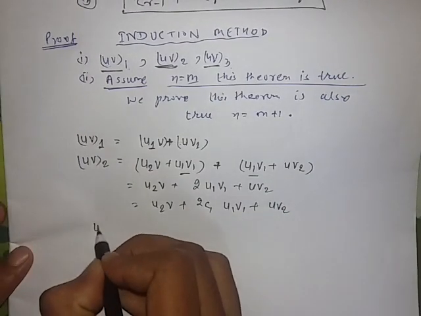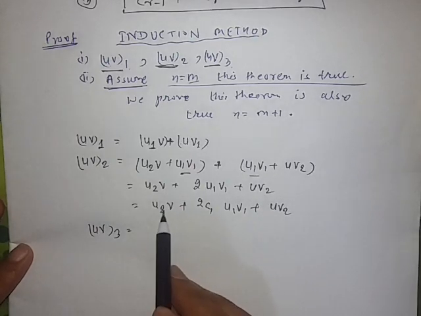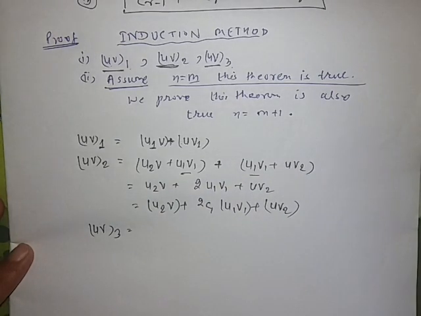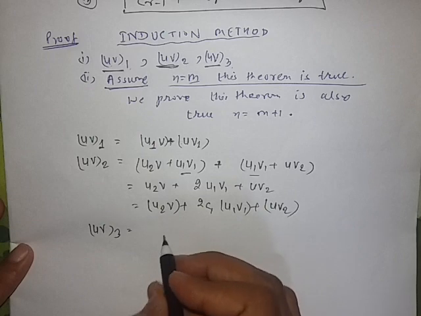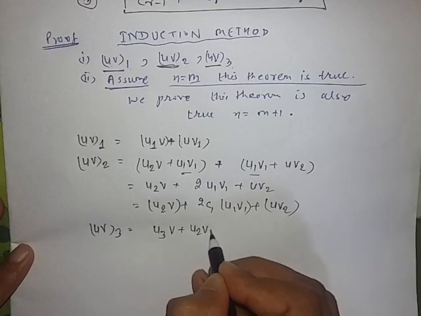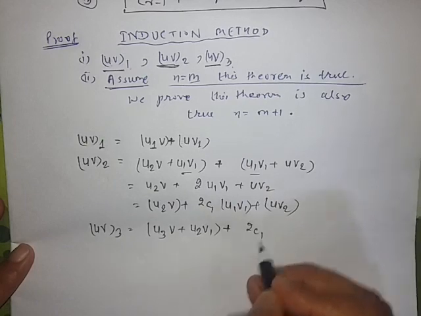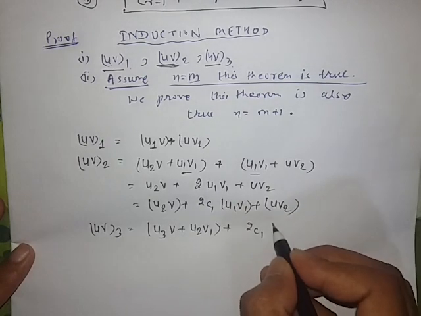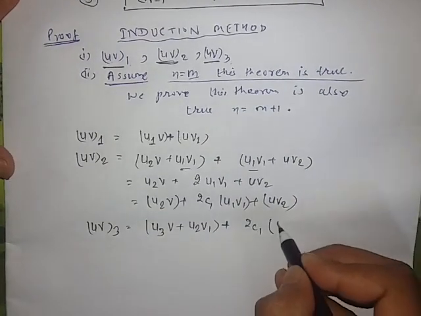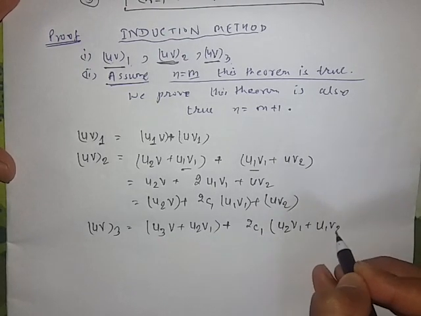For (uv)_3 we again do the same process. We differentiate first this term, then this term, and after that this term. Differentiating this term the first time, we will get u_3 v plus u_2 v_1, and there is no change to this constant, it will be 2C1, and we differentiate this term the first time to get u_2 v_1 plus u_1 v_2.